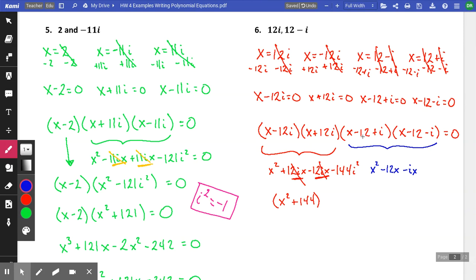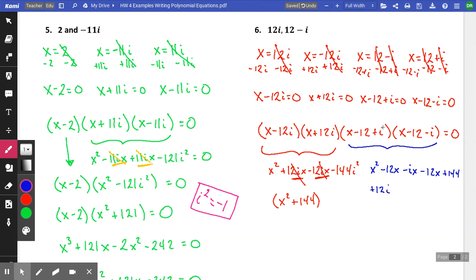Now when you multiply the negative 12, so negative 12 times x is negative 12x. Negative 12 times negative 12 is positive 144. And negative 12 times negative i is positive 12i.